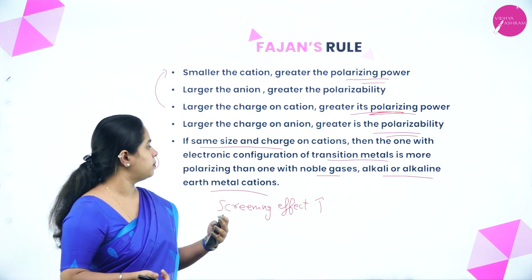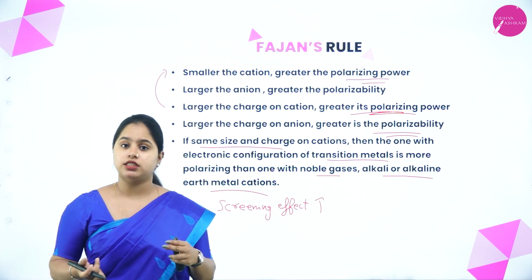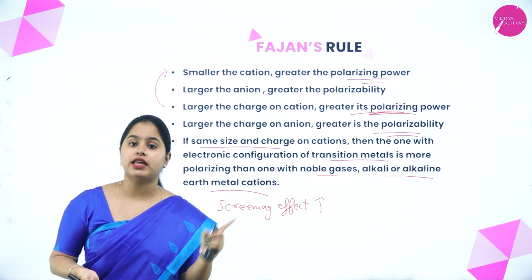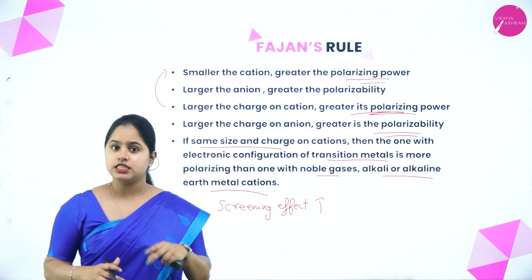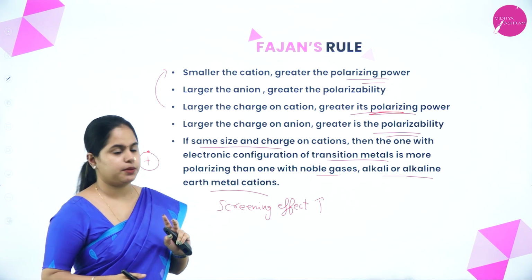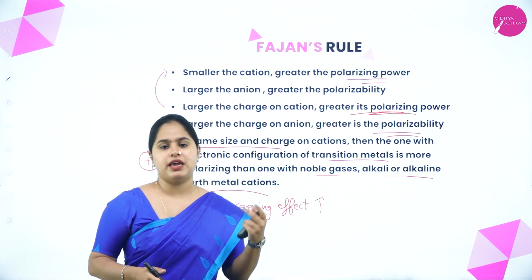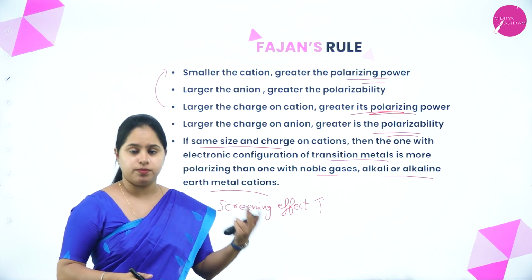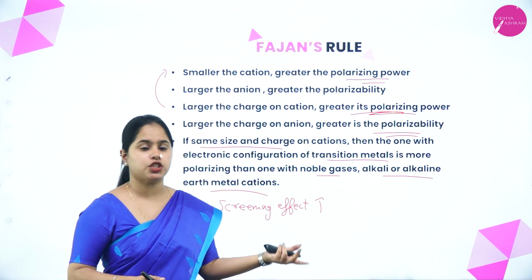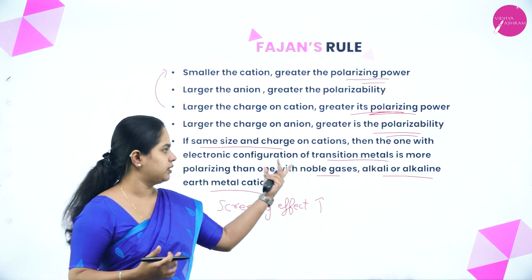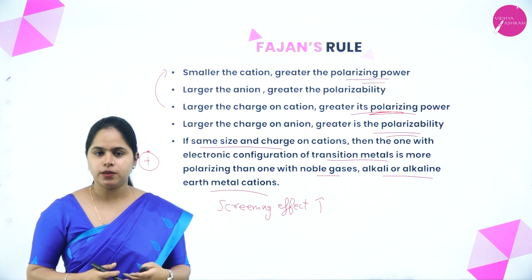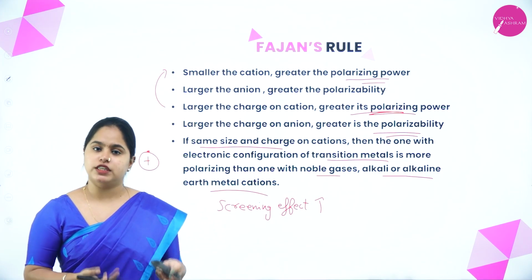What you have to remember is that if same size and charge are present on two cations, based on the electronic configuration of the cations, we can decide which one will have more polarizing power. The cation having electronic configuration of transition metals will have more polarizing power than the S and P block elements. Clear? So this is about Fajan's rule.